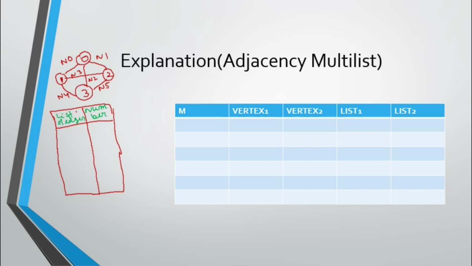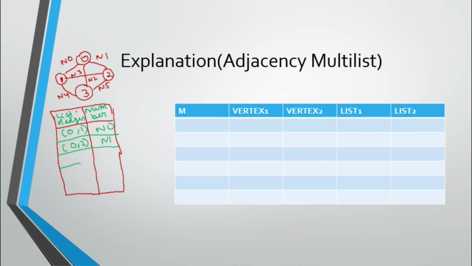So the first edge is nothing but 0 to 1. What you are supposed to do is write the number and the list of edges: 0 to 1, which I have named as n0. Similarly, the next edge is 0 to 2, which I have named as n1.